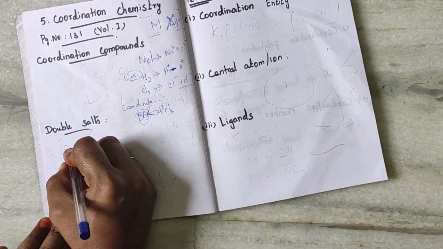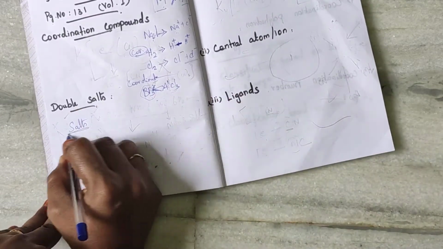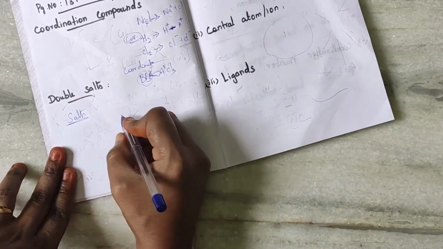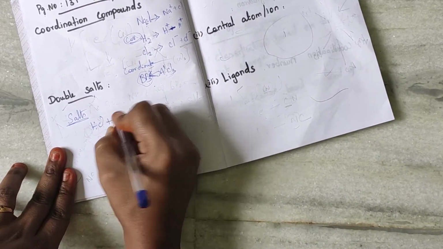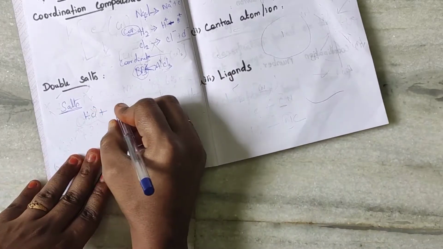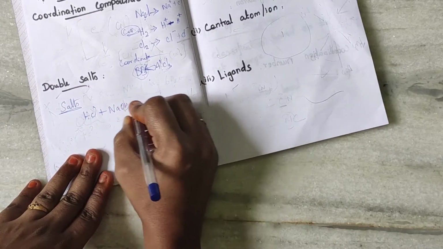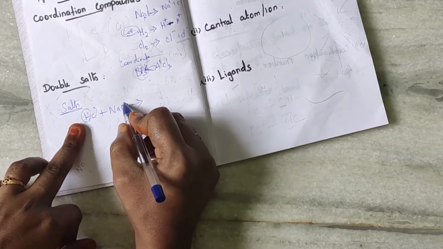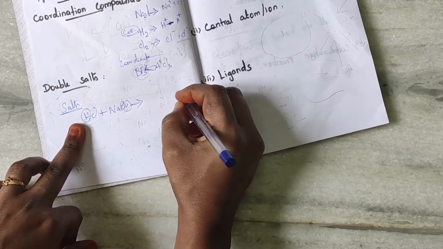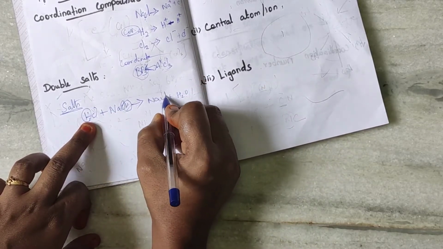Salt. What is salt? A strong acid neutralized with a strong base. Neutralized means we lose the water molecules. Then the balanced compound is sodium chloride.